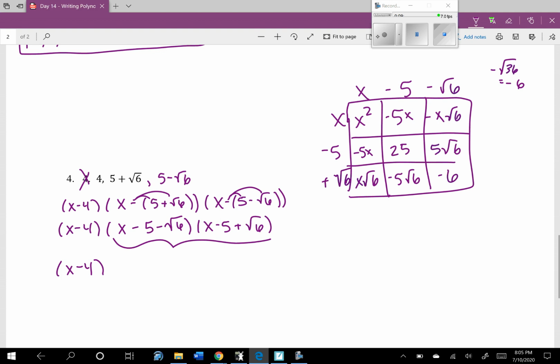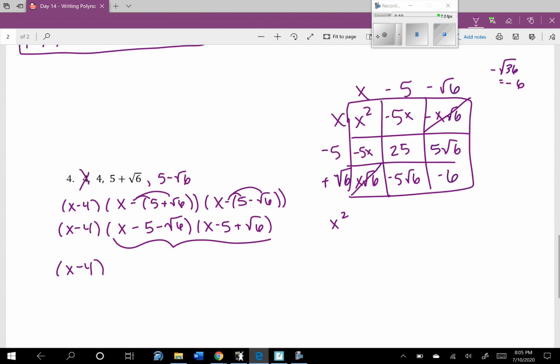Then we can go ahead and combine our like terms. So for this we have x squared, and then we have the negative 5x and the negative 5x. And then here we have x root 6 and negative x root 6. Those are opposites, so they cancel out.